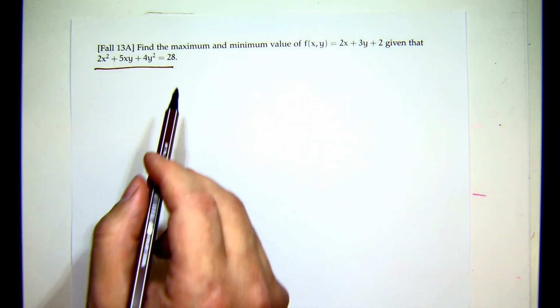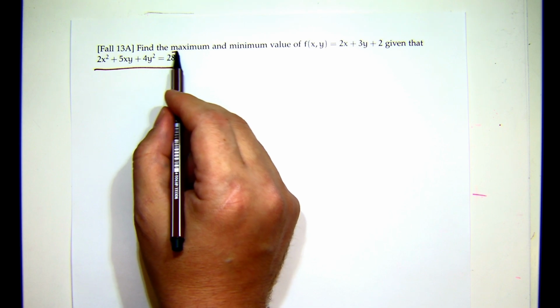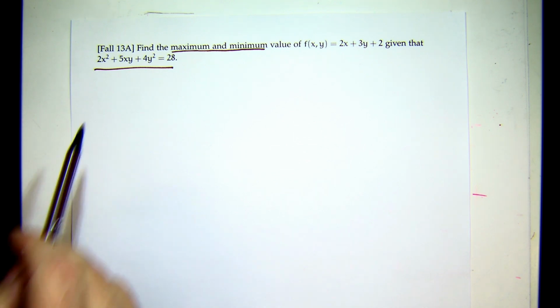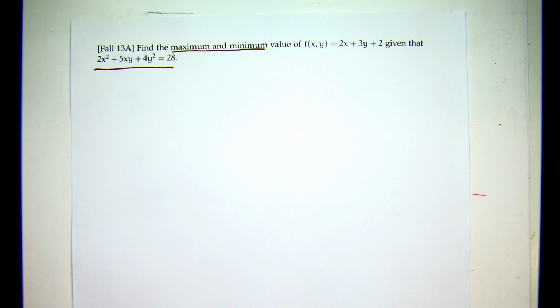So we are trying to optimize, and the reason we know we're trying to optimize is because we see the words max or min. Whenever you see max or min, that's optimization. Whenever you see a constraint, you're saying optimization with constraint. What tool do we have to do optimization with constraint? Lagrange multiplier. So there are clues in the problem about what it wants you to do.